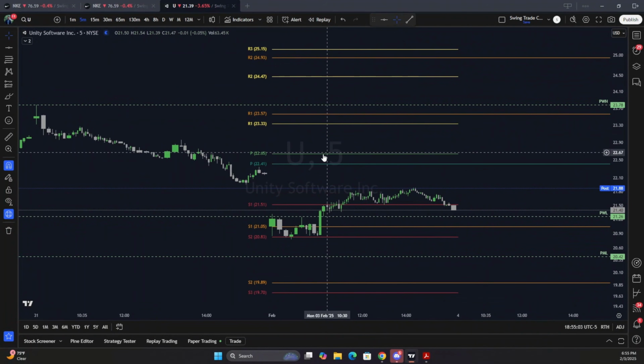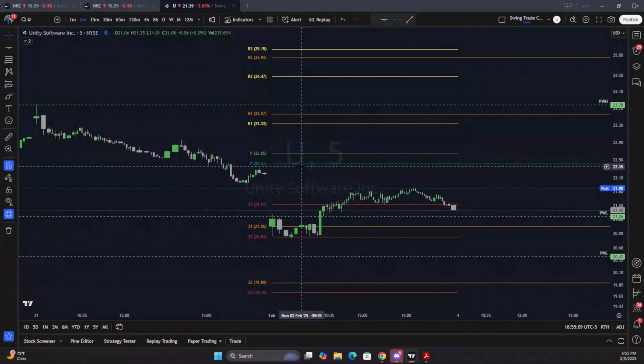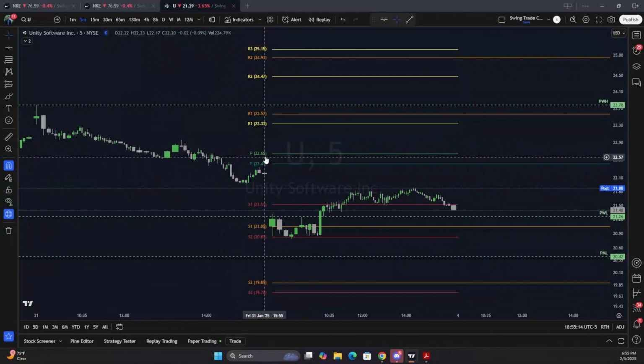So what you have here with this key pivot structure, which we'll call the green pivot structure, is a change of trend. When you're trading below the green pivot structure, the trend is bearish. When you're trading above this key pivot structure, the trend is bullish.